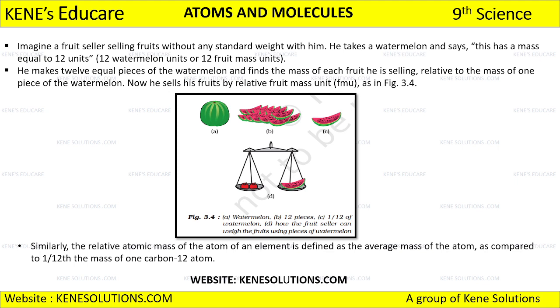When all those 12 pieces are combined together, that is how we get a whole watermelon. And the fourth picture shows how the fruit seller can weigh the fruit using the pieces of watermelon. Because he knows the weight of one piece of watermelon, he can use that piece for weighing the other fruits, because he knows the exact weight of one piece of watermelon.